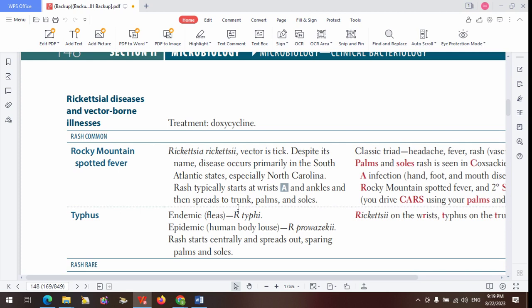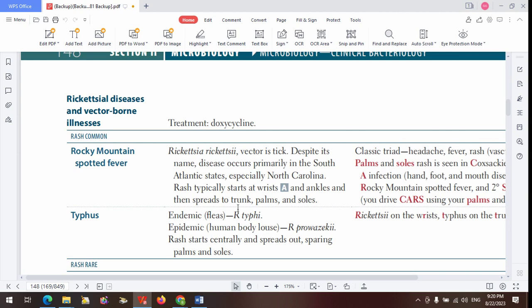Which other organisms also cause a rash that extends to the palm and the sole? Coxsackie virus, I think Coxsackie A virus, and then secondary syphilis. So somebody that has Coxsackie A virus or secondary syphilis, in addition to Rickettsia rickettsii, will have a rash extending to the palm and the sole.